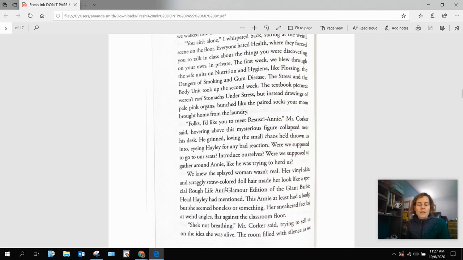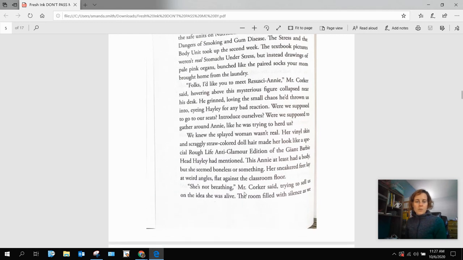Her vinyl skin and scraggly straw-colored doll hair made her look like a special rough life anti-glamour edition of the giant Barbie head Haley had mentioned. This Annie had at least a body, but she seemed boneless or something. Her sneakered feet lay at weird angles flat against the classroom floor.